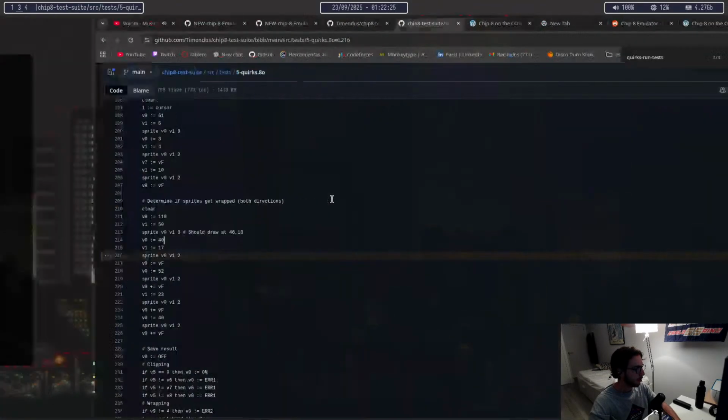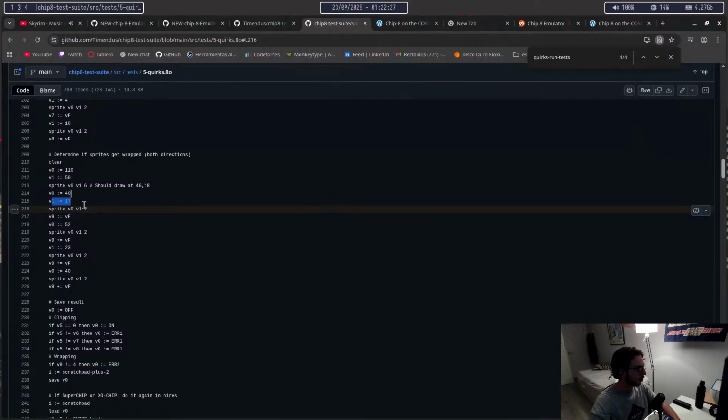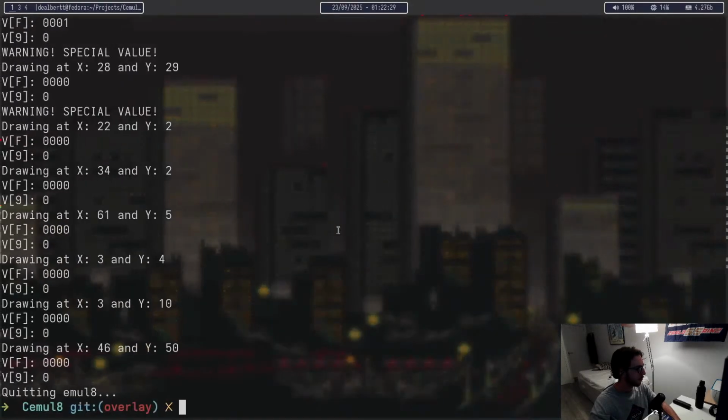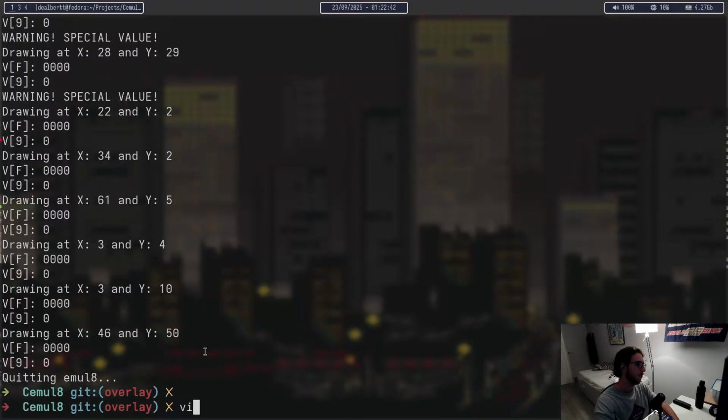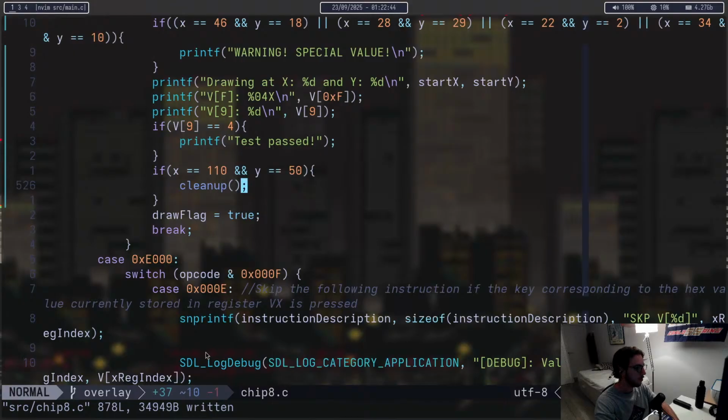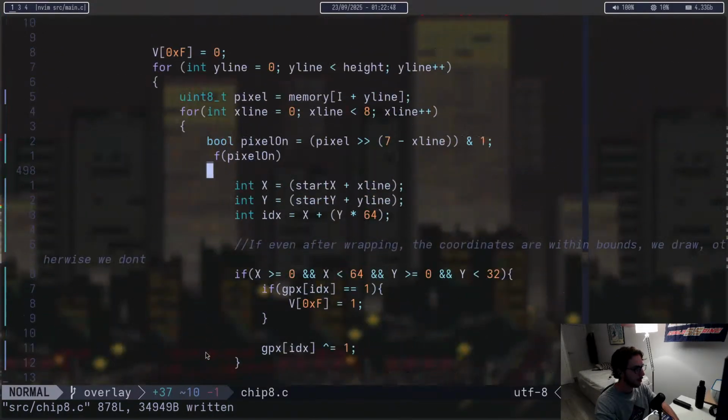That's also what I understand. Pretty much. Ooh. X46 and Y50. That's interesting though. Oh, yeah, Y50. This should not be the case.